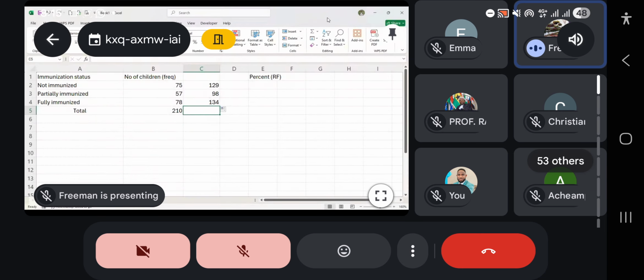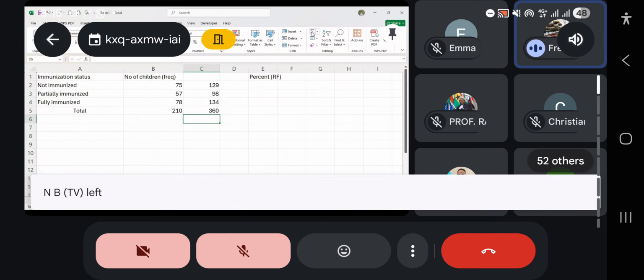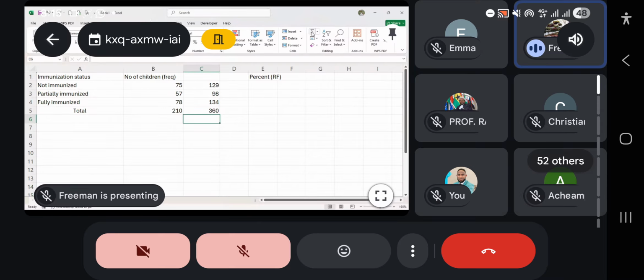At the end of the day, when you total all of these, it should give you 360 degrees, which is the total degrees that we have in a circle. Just as when you do the relative frequency, you add all the percentages and you get 100, now we are talking about 360.